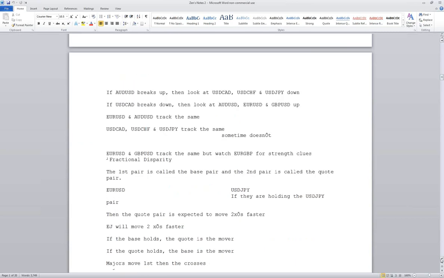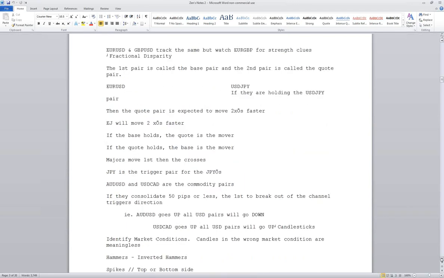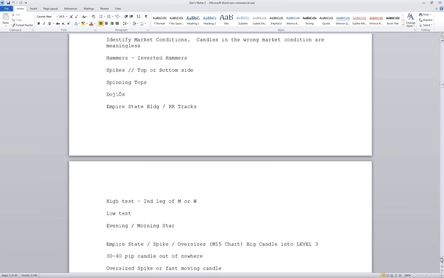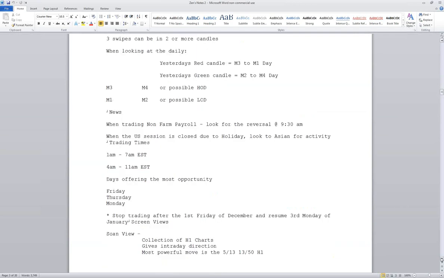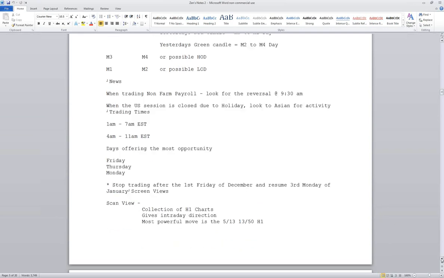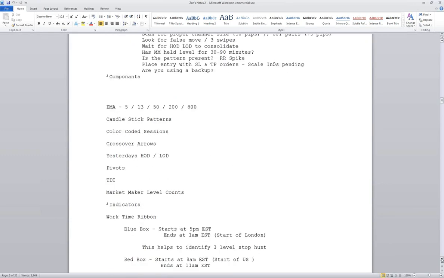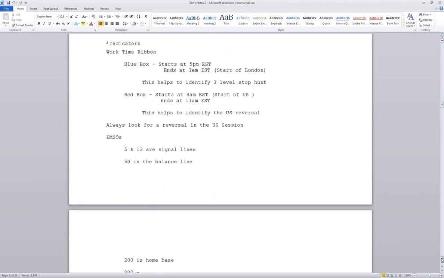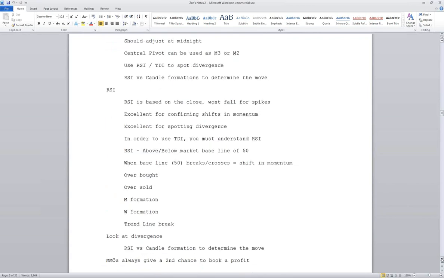Here's a section from when I was learning fractional disparity and currency correlation, here's all my notes on that. What a high test, what a low test is, candles. Here, when I was learning how to use the pivots, here's my notes on pivots. Here's components. Here's the EMAs, market maker level counts. There's some more stuff on pivot points, RSI, divergence.